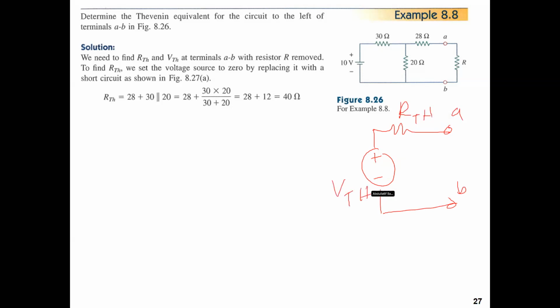In order to find RTH and VTH, the first step is to remove R, or the load, if it exists. If R is not there, then that's fine. That's the first thing: you have to remove the load, whatever we call it, R or RL.